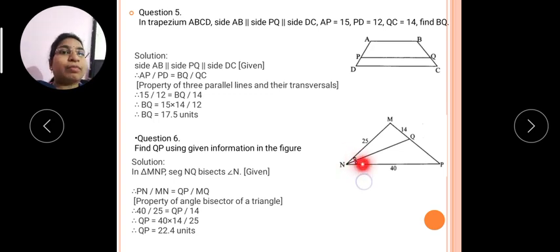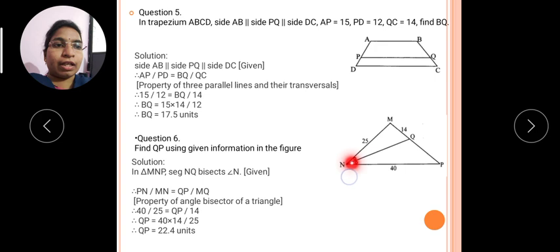So by the property of angle bisector, we can write PN upon MN is equal to QP upon MQ. We start from P, so when taking the second ratio, we have to start from P. Don't be confused.